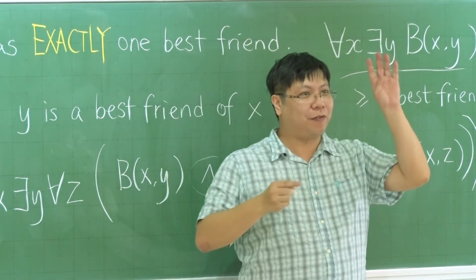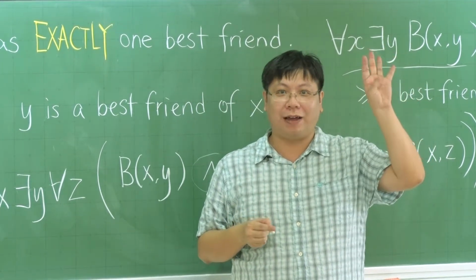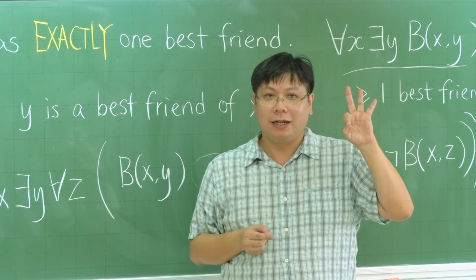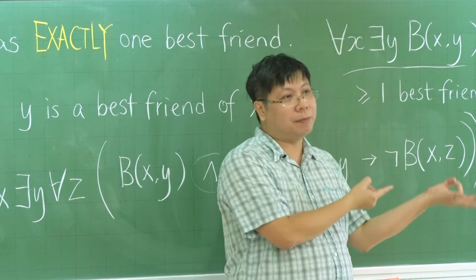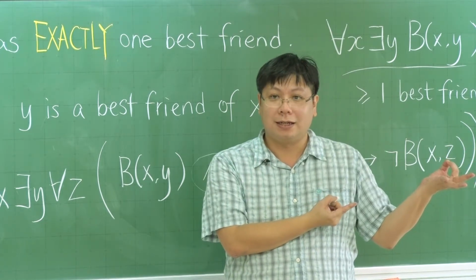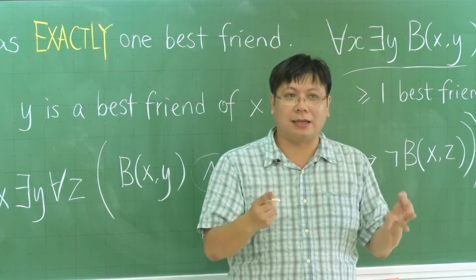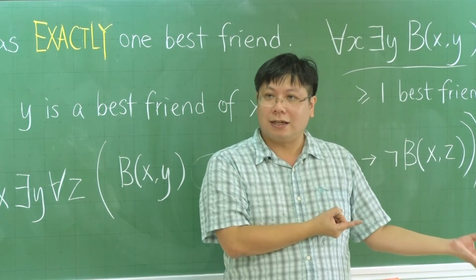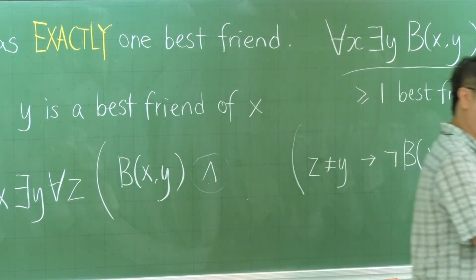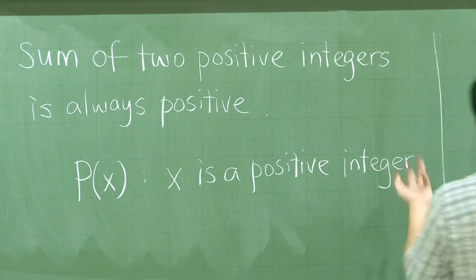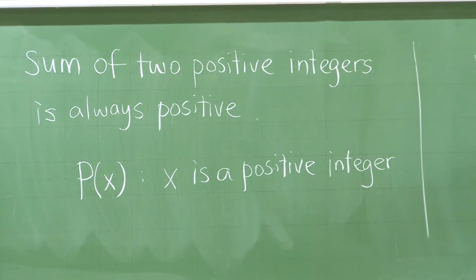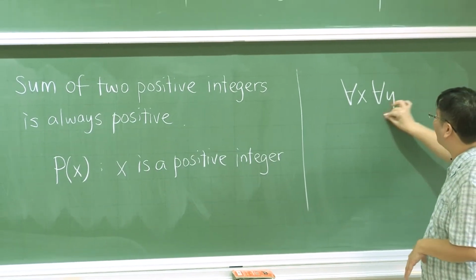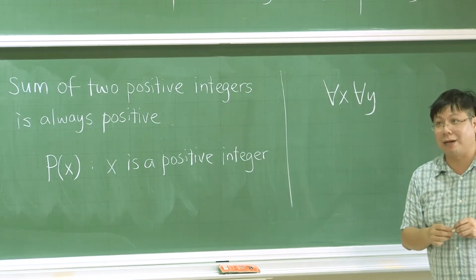So we have for all x that we need to look at and for all y that we need to look at. So the sum will be another number. Let's call it z. Is that okay? And then we hope that this z is positive. So we will need to have some for all x, for all y to talk about, right?